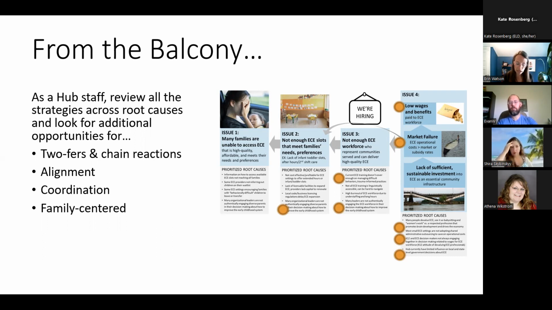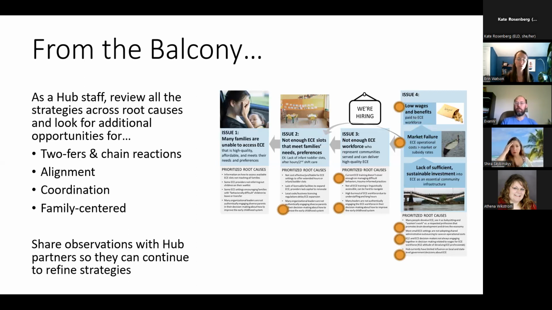So you're constantly looking at what's coming up, and you're using a critical eye to think, are there additional opportunities to use these tips? Or like Raise Up Oregon says, to make sure that they're aligned, coordinated, and family-centered. And then you bring that in and help guide your hub partners in seeing those opportunities as well, so they can take needed steps to enhance their strategies.